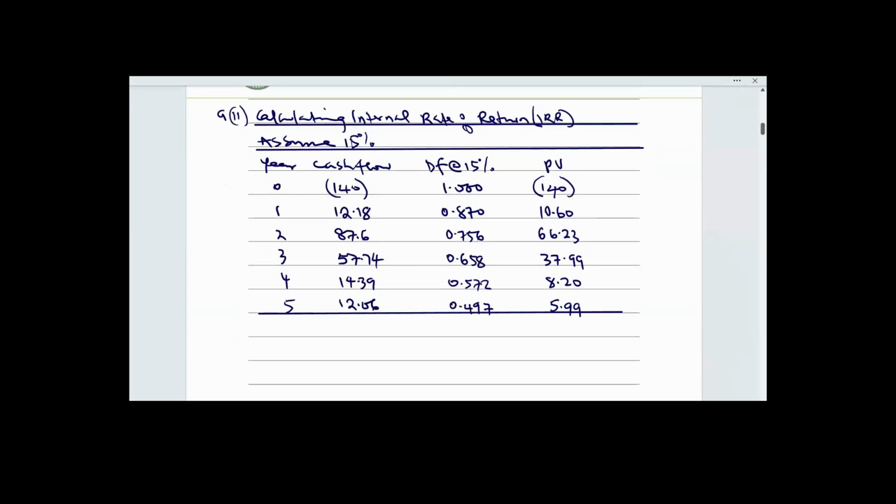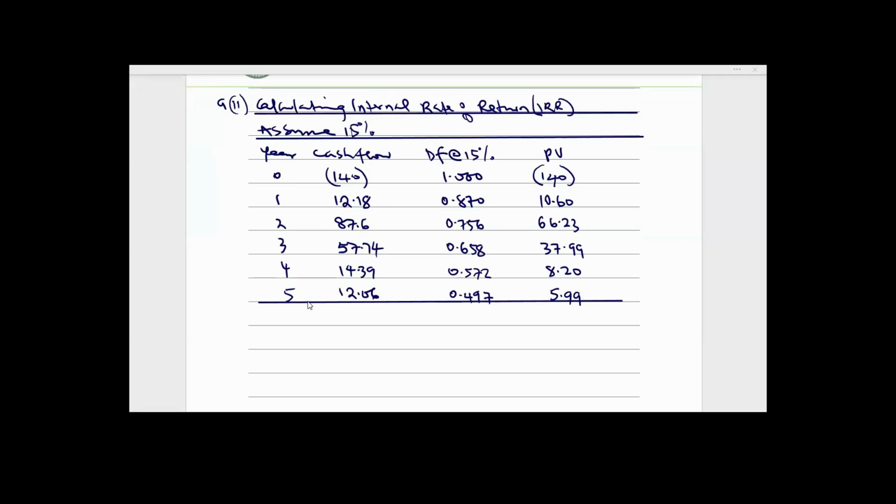Otherwise, you might have made a mistake. Just the way I made now. 14.39 multiplied by 0.572. That's 8.23. That is a big difference.